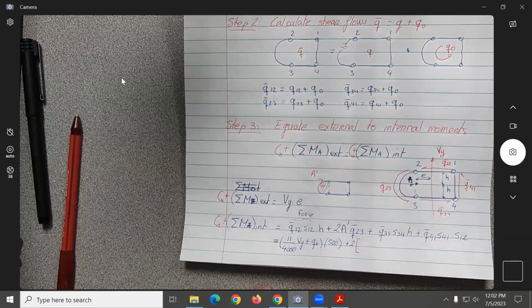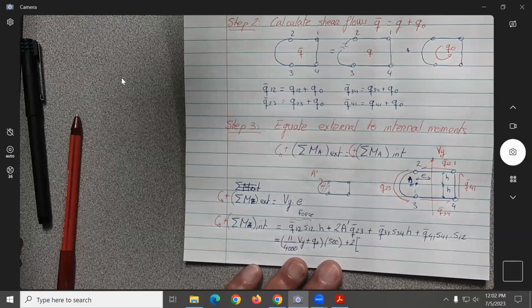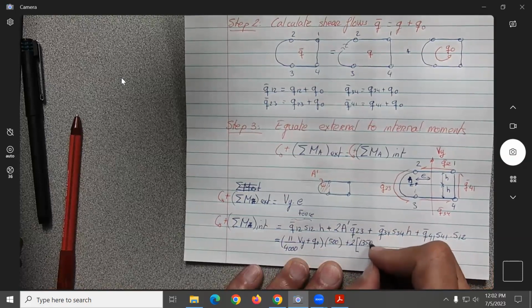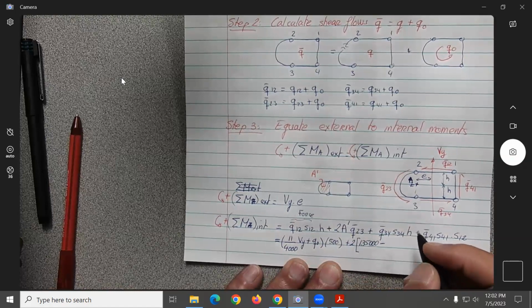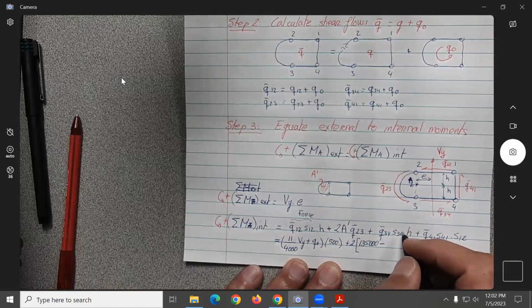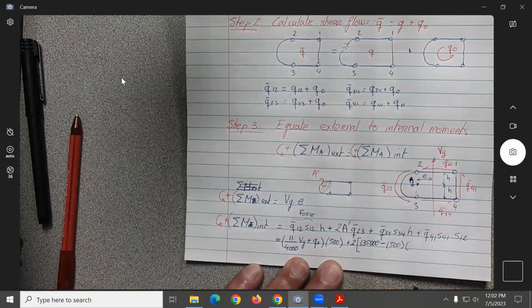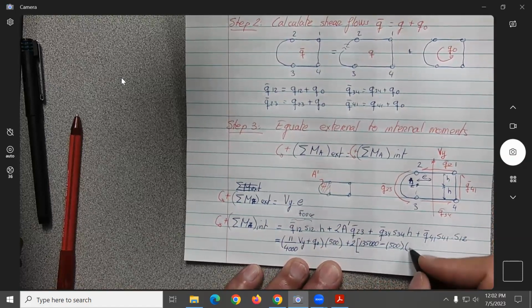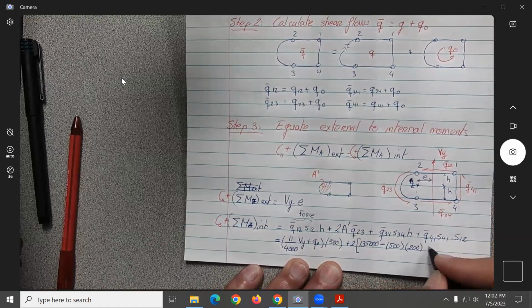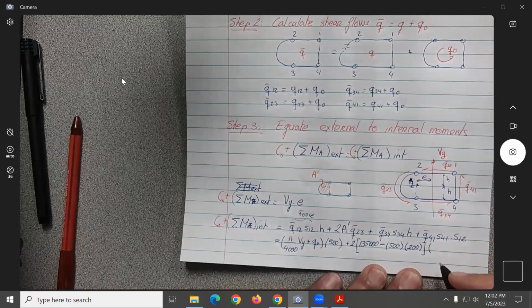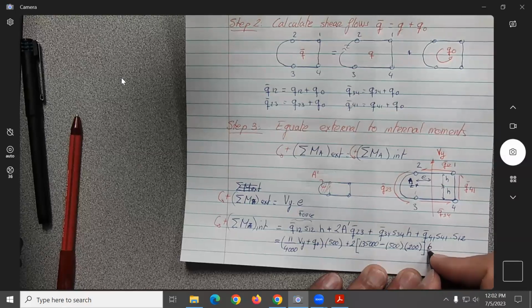What is A prime? A prime would be equal to what? The 135,000 minus what? S12 times S41. So minus 500 times S14 that we say is 200 times Q23, which will be just Q sub naught.